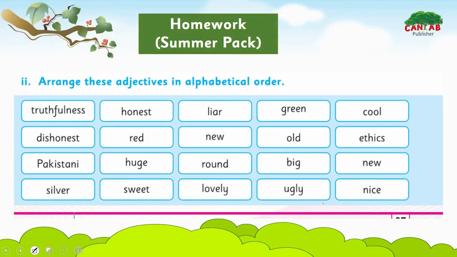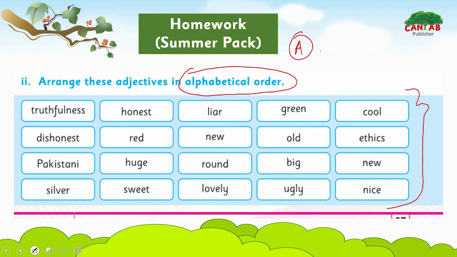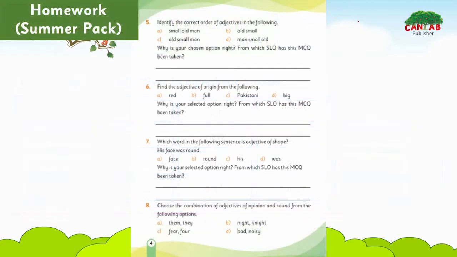Now students, here is the homework. The alphabetical order. You have to arrange all these words in alphabetical manner, from A to Z. So this is your homework. That is very easy.